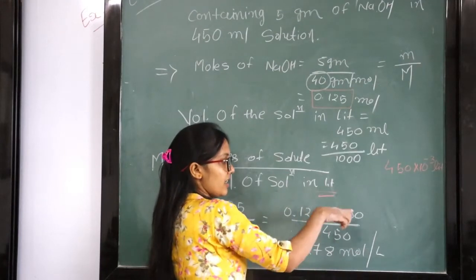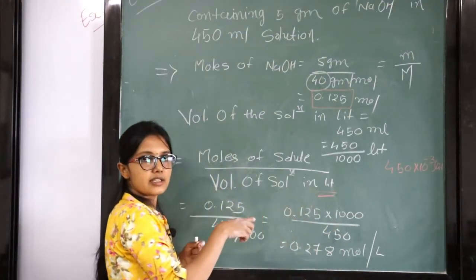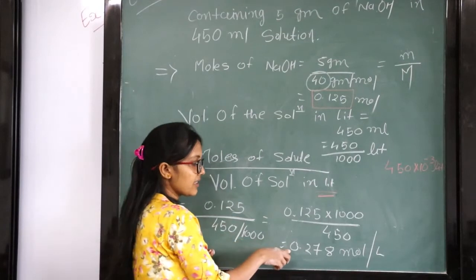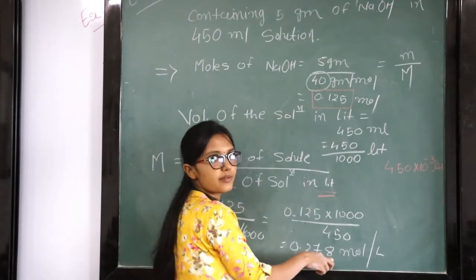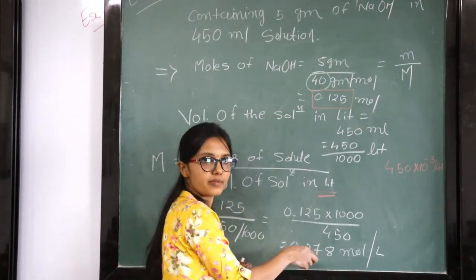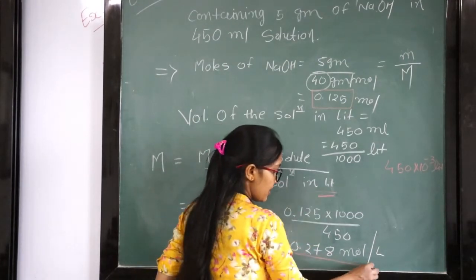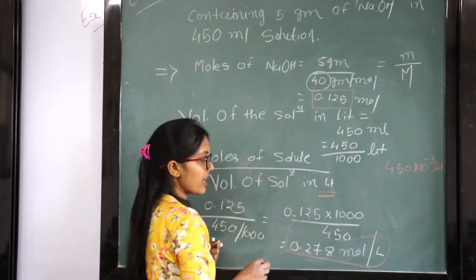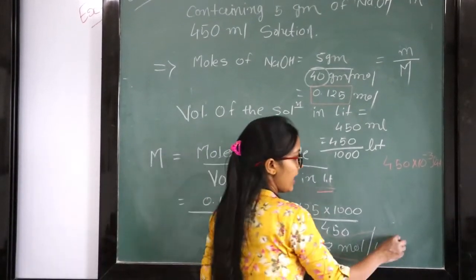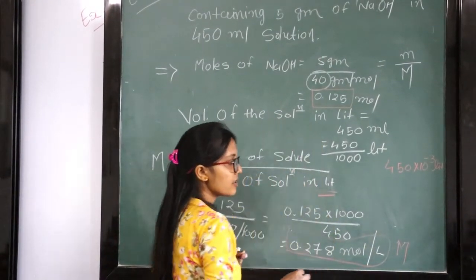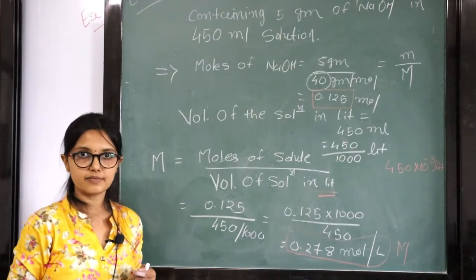When you calculate this, it gives 0.278 mole per liter. You can also write capital M, because this is used for molarity.